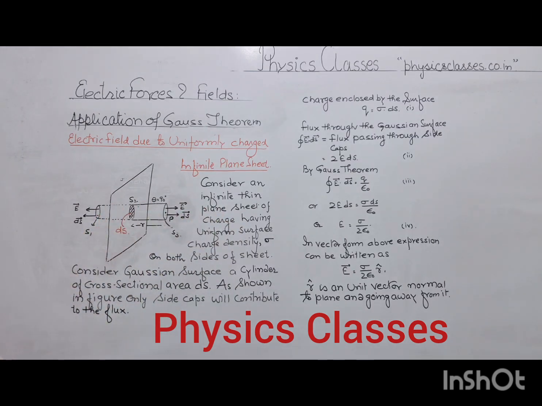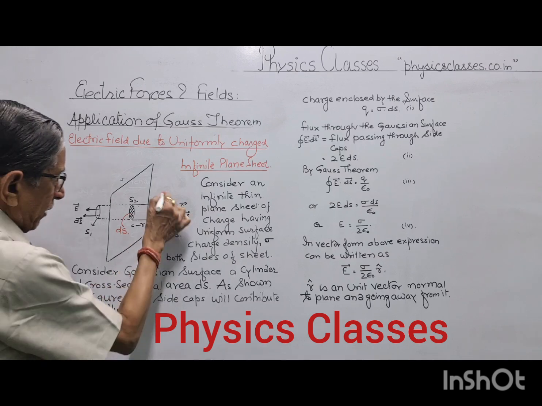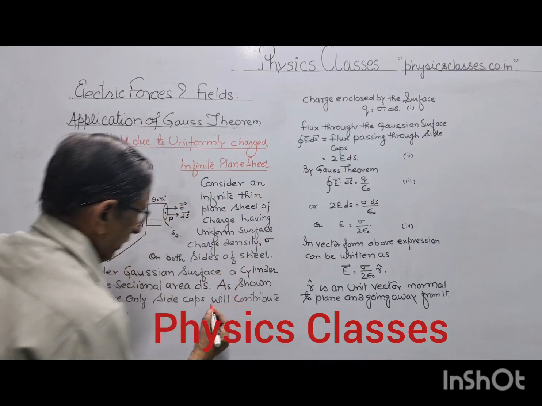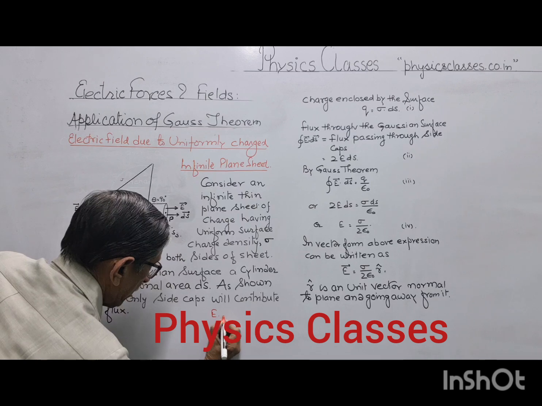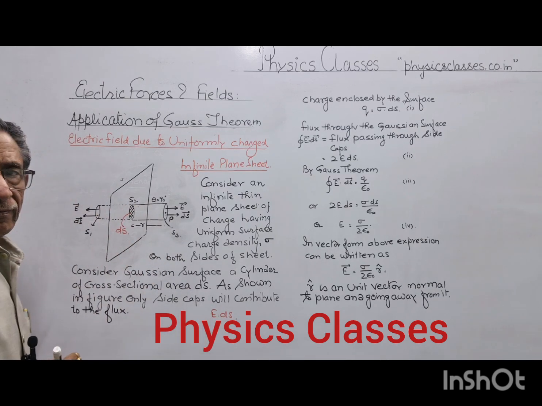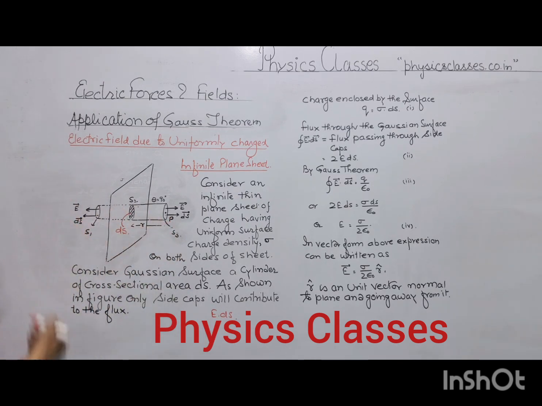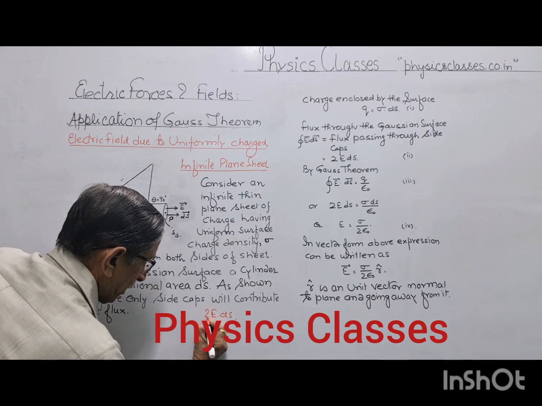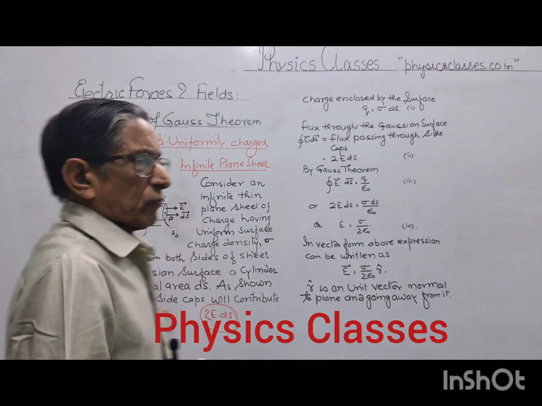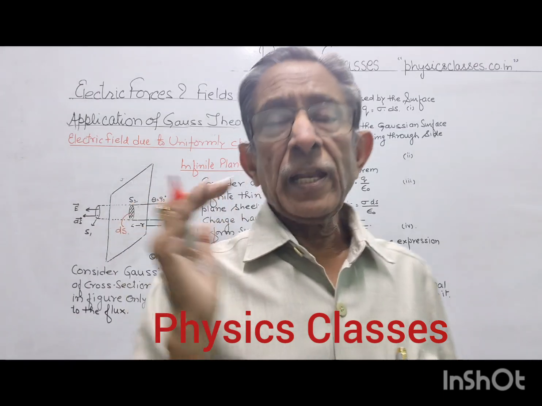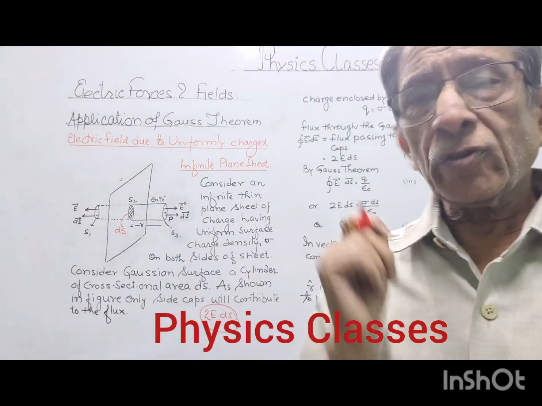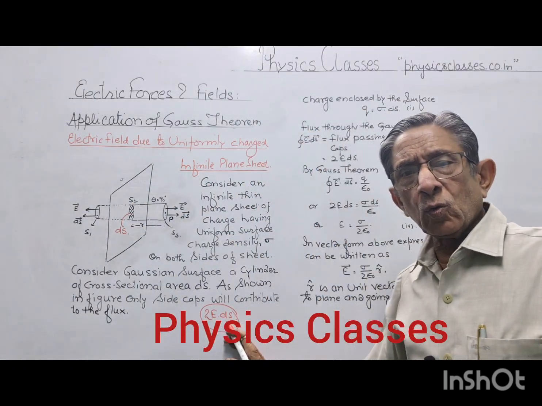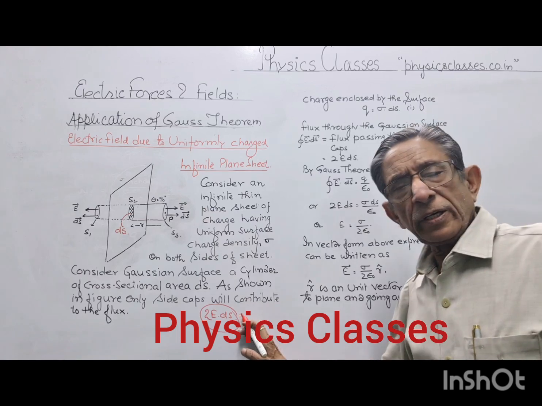That's why we can say the flux passing through this surface is E ds, E into ds. And the flux passing through this surface is also E into ds. So the total electric flux passing through the side caps is equal to 2E into ds.